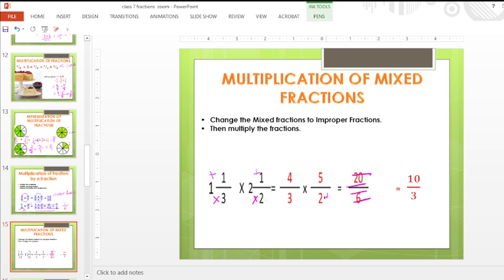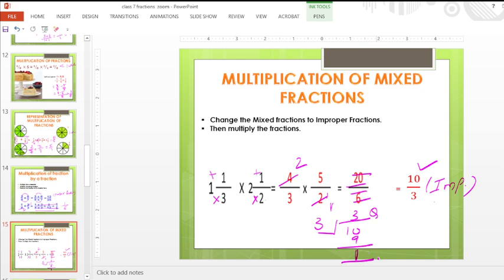So 4 and 2 just cut. 2 times 2 is 4. And here they will not cut. So what are you left with? 2 into 5, 10, and 3 into 1, 3. Now students, this is an improper fraction, so you cannot leave the answer like that. An improper fraction is always converted into a mixed fraction. So divide 10 by 3, 3 times 3, 9, 1 is the remainder.